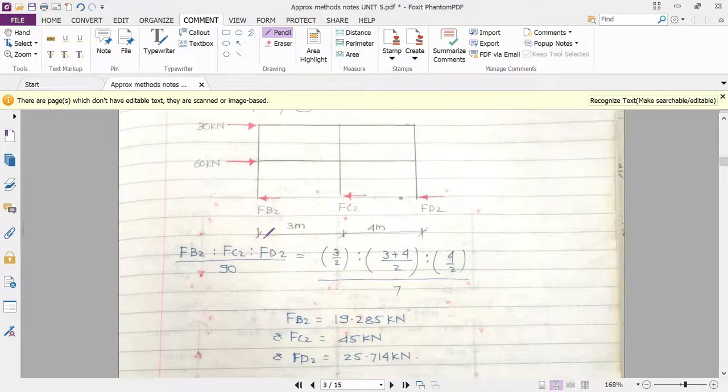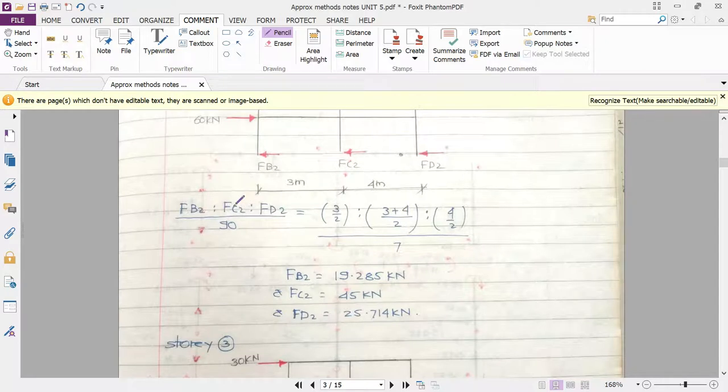Now on the right hand side we have to consider the effective span length. Here and here also we have to consider the half length, but at the center we have to consider the half effect of the span here and half effect of the span here, that is (3 plus 4)/2, and at the last column we have to consider 4/2, and the total length is 7, we know that.